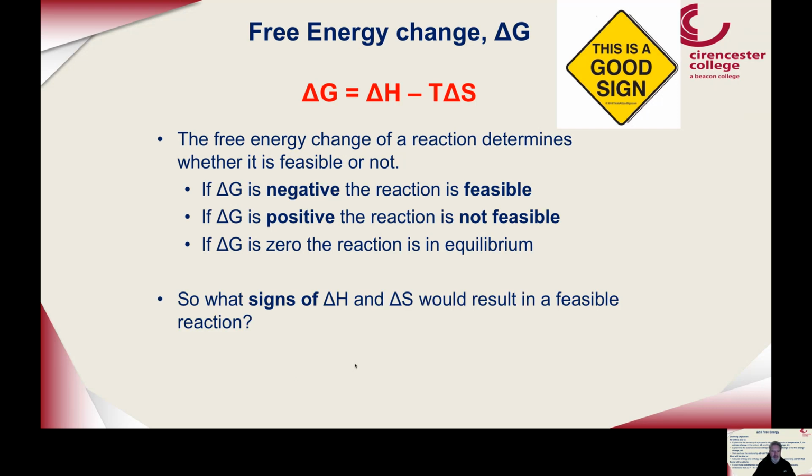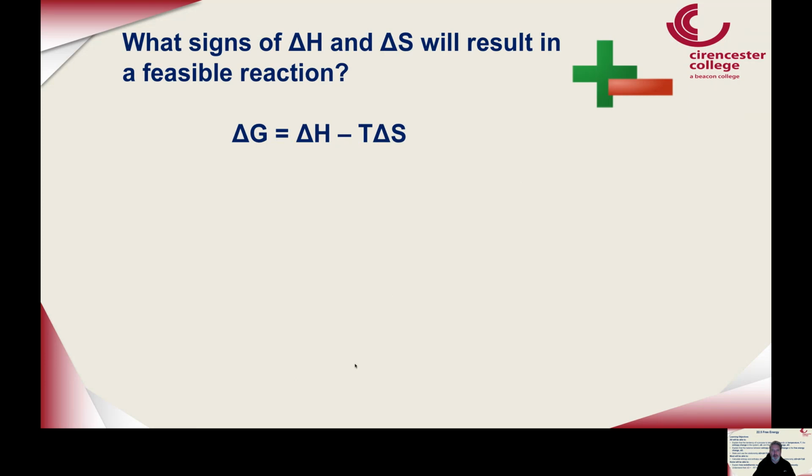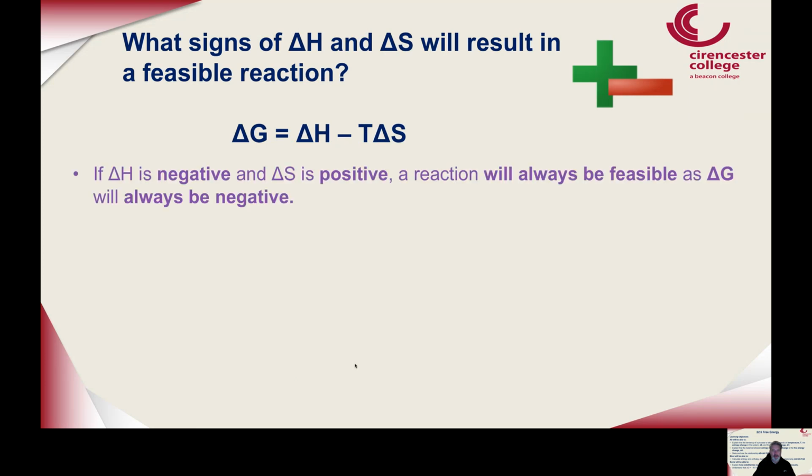So what signs of delta H and delta S would give us a feasible reaction? Let's put that into a nice graph. If delta H is negative and delta S is positive, a reaction will always be feasible as delta G will always be negative. If this is negative and that's positive, you've got minus something, so you're not going to make it positive.